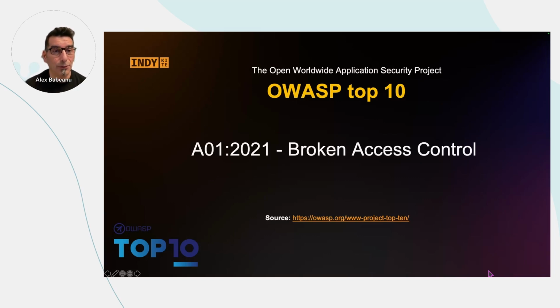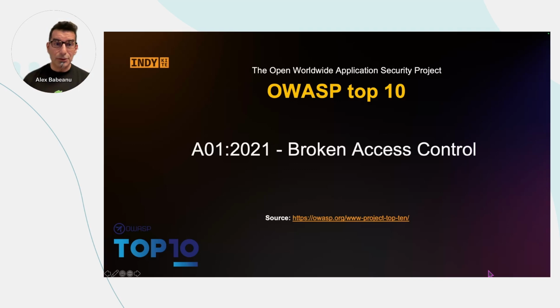In case you don't know OWASP, it's the Open Worldwide Application Security Project. It's a non-profit organization that does some research on application security or software security and has a number of publications, one of which is the top 10 issues in software development for security.